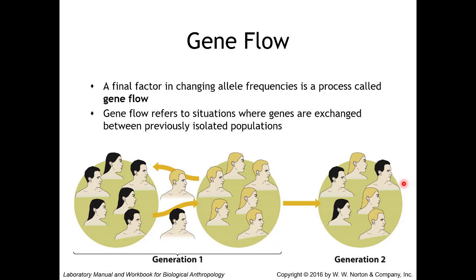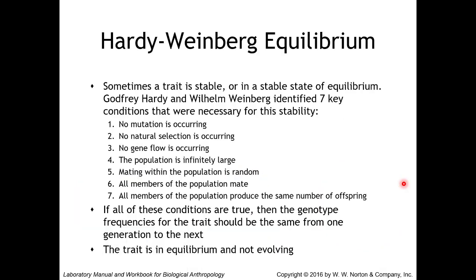The last thing we're going to talk about when we're talking about forces of evolution, and again, it looks like math. Don't be scared. It's very, very easy. This is probably the only math problem-ish thing that you're going to have to calculate, but it's very easy. It's the Hardy-Weinberg equilibrium.